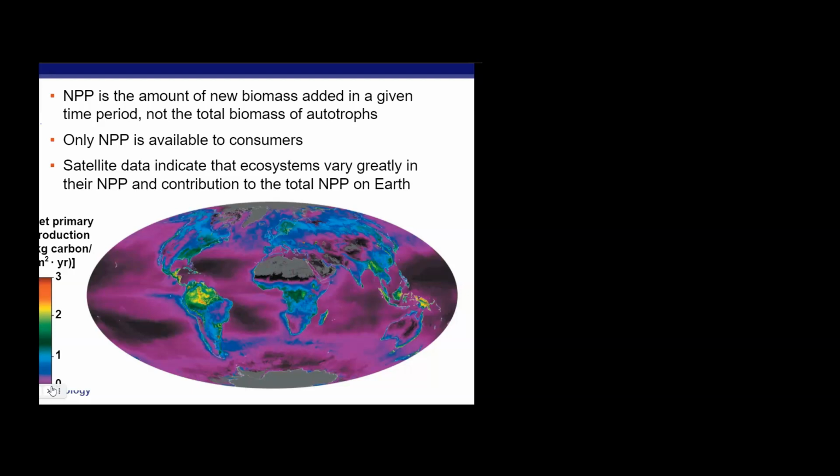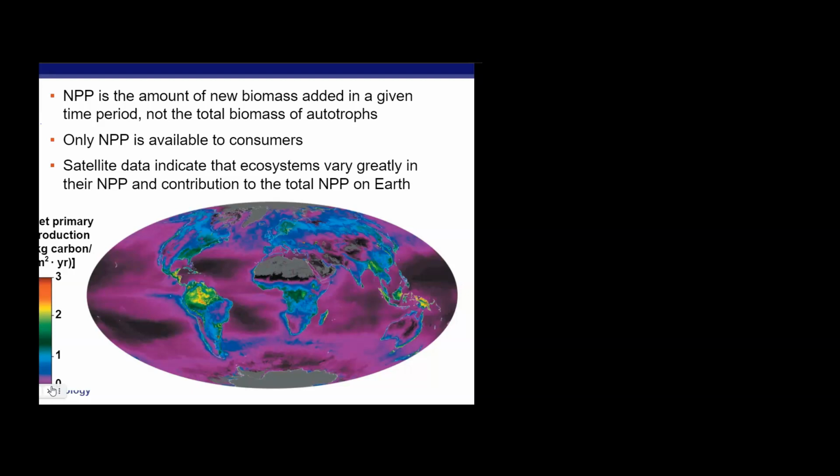And NPP is the only thing that is available to the next level in the trophic pyramid. So, for example, if we're talking about photoautotrophs, the herbivores, the primary consumers, are only able to consume the NPP, not the GPP.